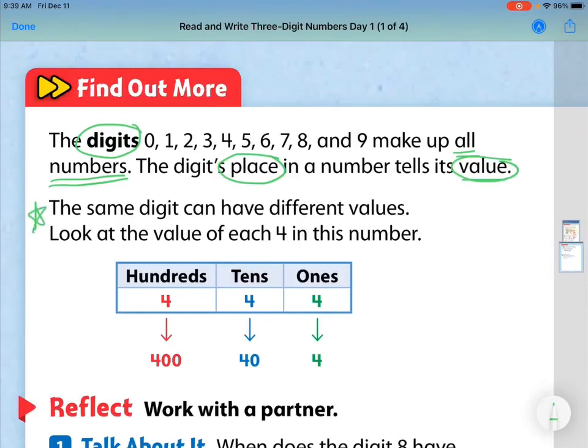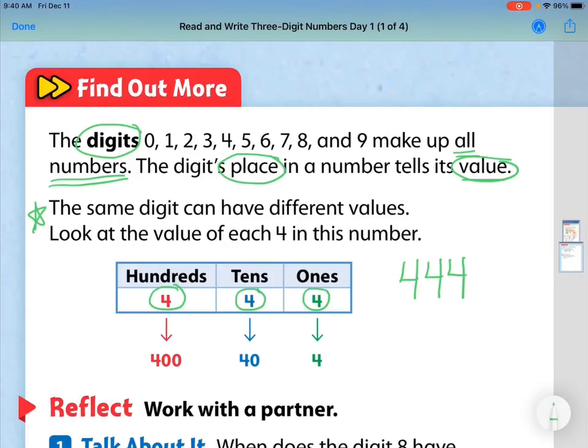It says the same digit can have different values. Look at the value of each 4 in this number. So they're giving us the number 444. I'm using the same digit in all 3 places. I am using the digit 4 in the hundreds place, I'm using the digit 4 in the tens place, and I'm using that same digit 4 in the ones place.